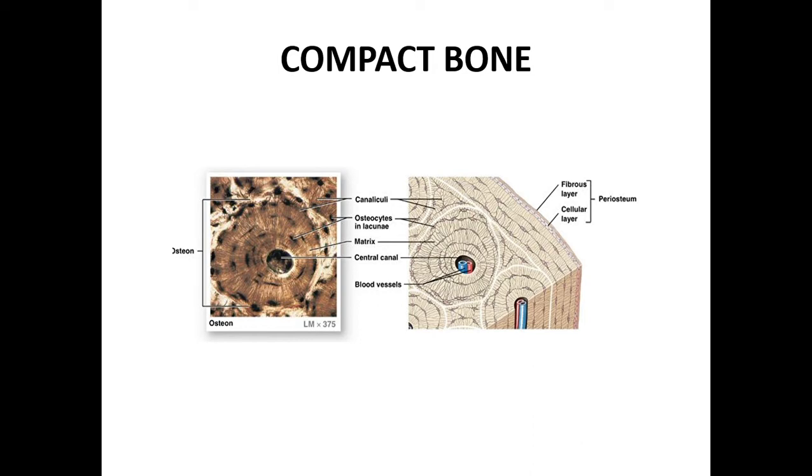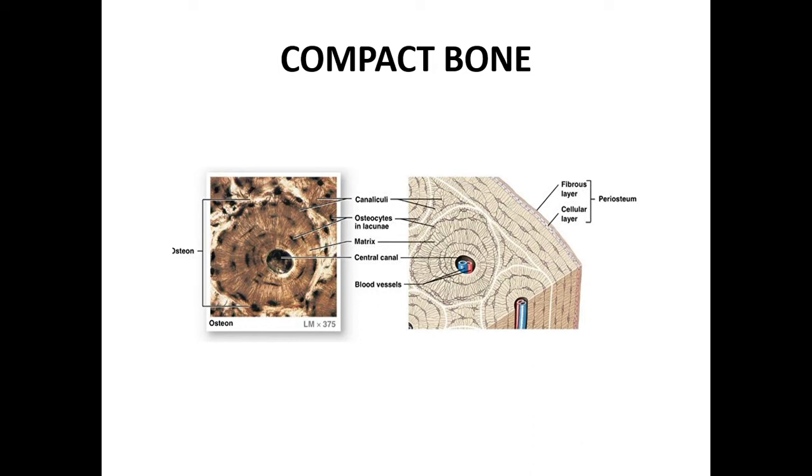So if you are asked what composes an osteon or Haversian system, we have the central canal or Haversian canal, we have the concentric layers or lamellae, wherein the cavities are located with osteocytes, and we have the canaliculi.